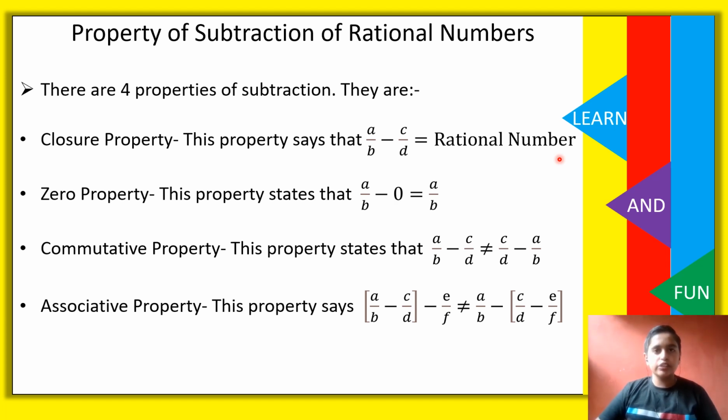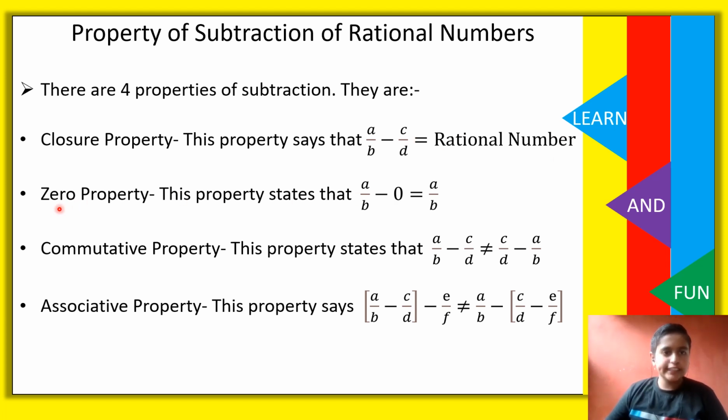So it's just the same thing, like taking a upon b as 4 and c upon d as 3, which will give us an integer or a natural number. So 4 minus 3 is equal to 1, which is an integer as well as a natural number. So this is how this property works.